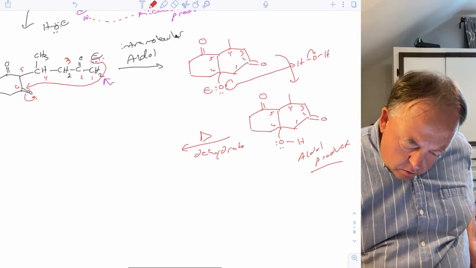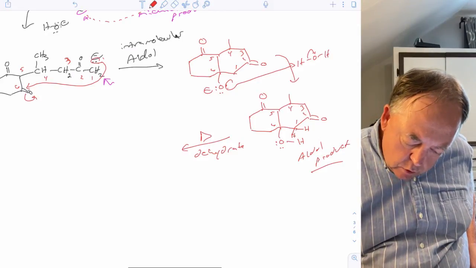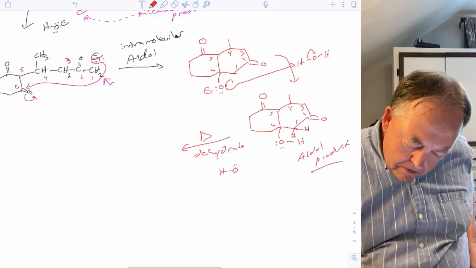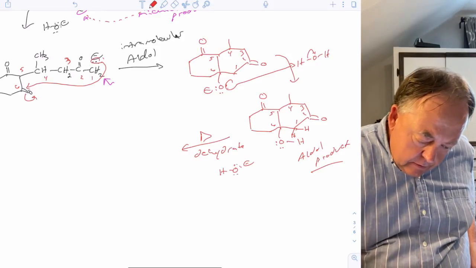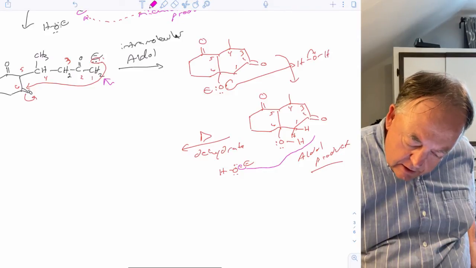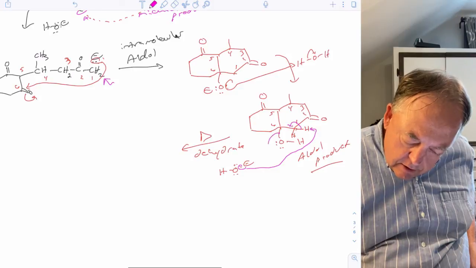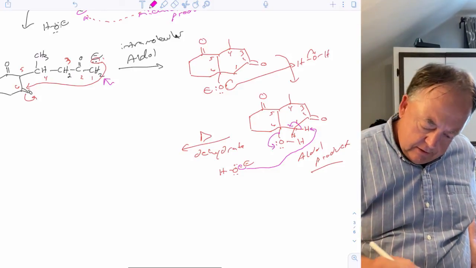Okay, so let's sketch out these hydrogens because we're going to use one of them. We're going to take a lone pair of electrons and make a bond to one of those two hydrogens. Those electrons go there and kick off OH minus.